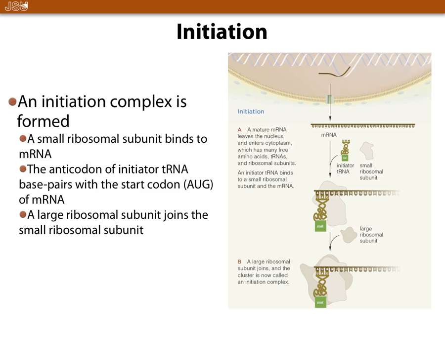So let's look at the steps. So the first thing is initiation. Initiation is what? The charged tRNA comes in, and that tRNA on one part has an amino acid, and on the other part has an anticodon. Let's look at, it says initiation, right?